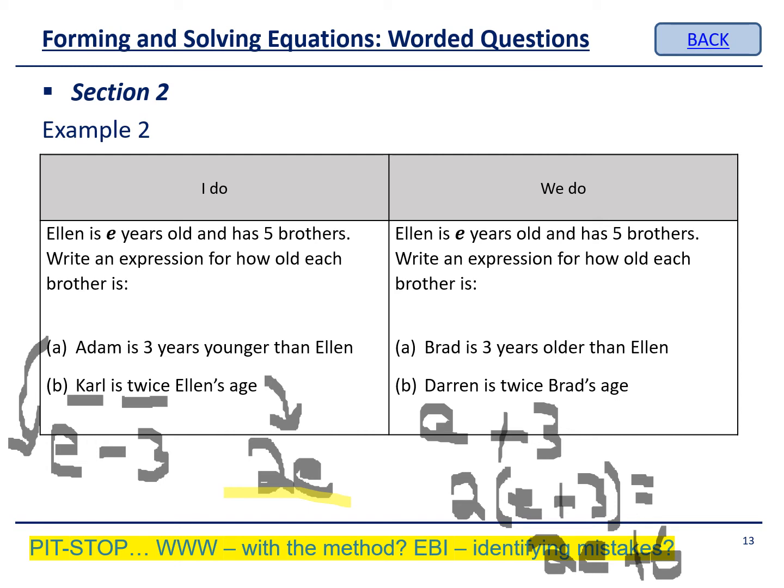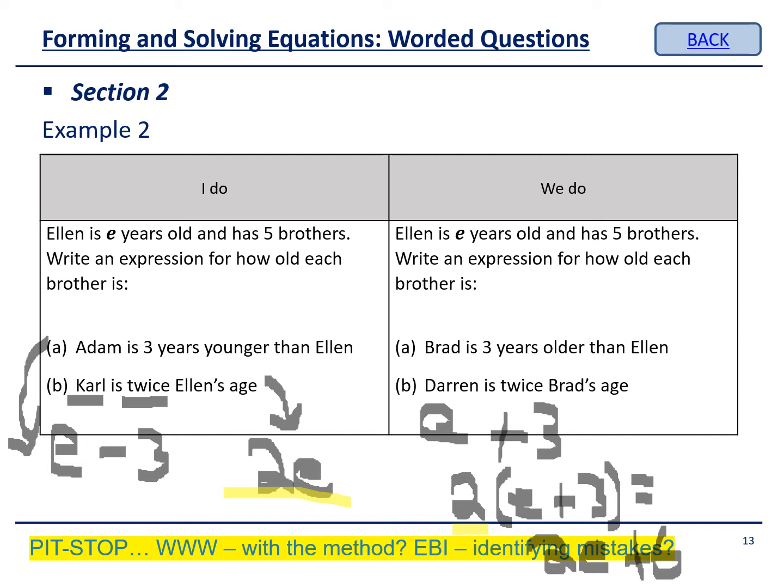Now, when we're multiplying, we haven't just got the E this time, we've got another term, so we can't just write it as 2E like we did in the I do. We have to use our brackets to show that we're going to be timesing into them. So it would be 2, because it's twice Brad's age, so we're multiplying by 2, and then you've got your bracket of the E plus the 3, which we already knew.